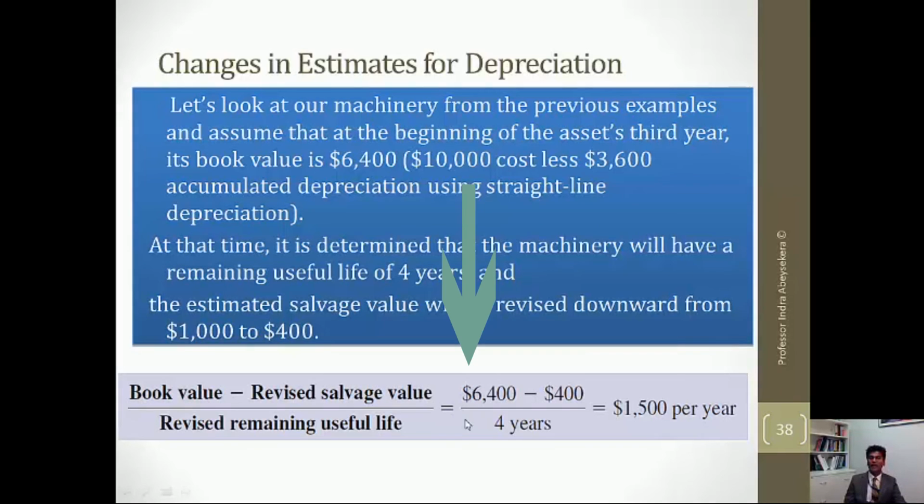We take the carrying value, the revised salvage value and the remaining useful life, and that gives us a depreciation expense of 1,500 a year. That is how we calculate when there are changes in estimates for depreciation.